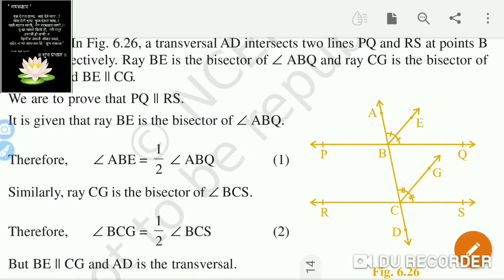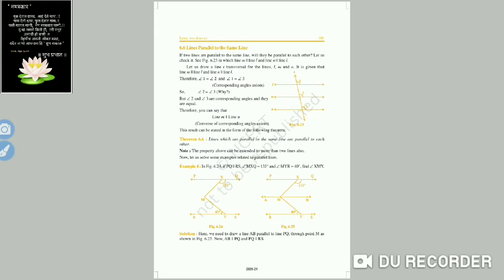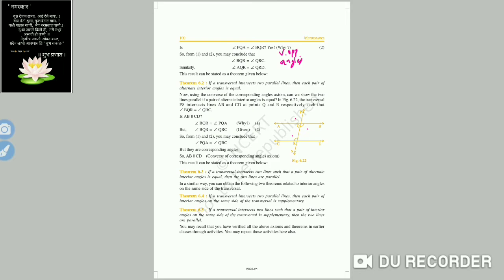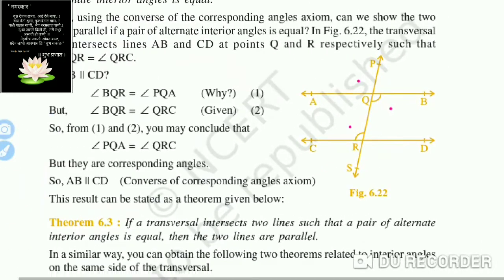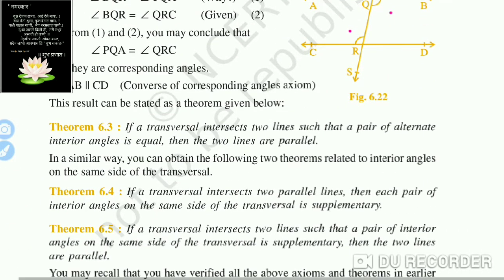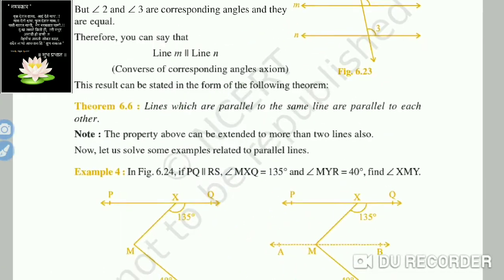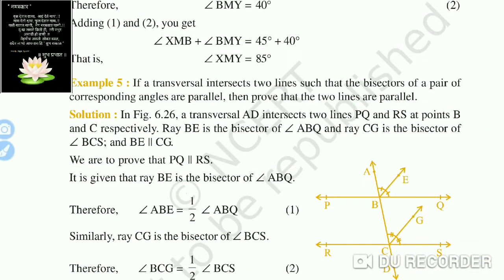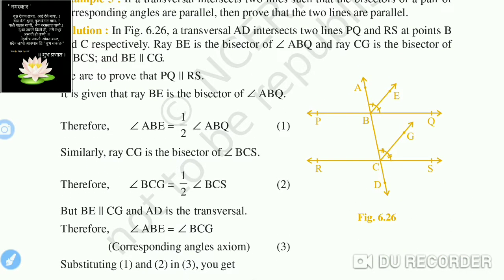Here you can see line PQ and line RS are the two lines.